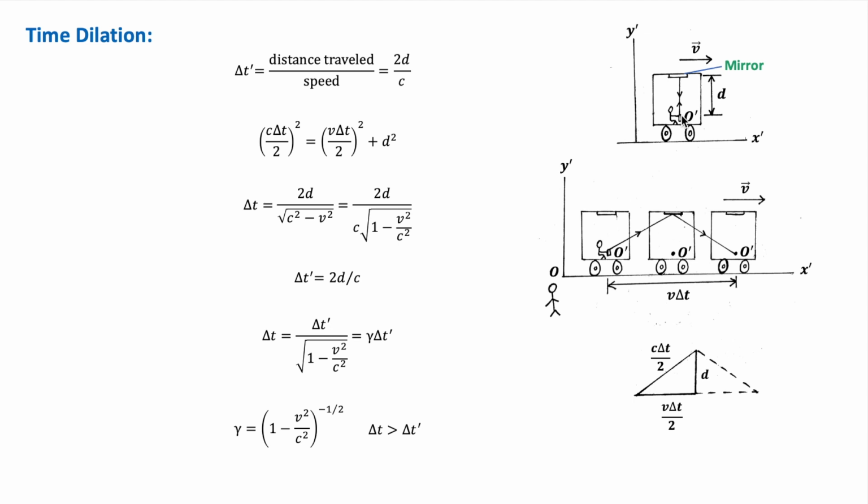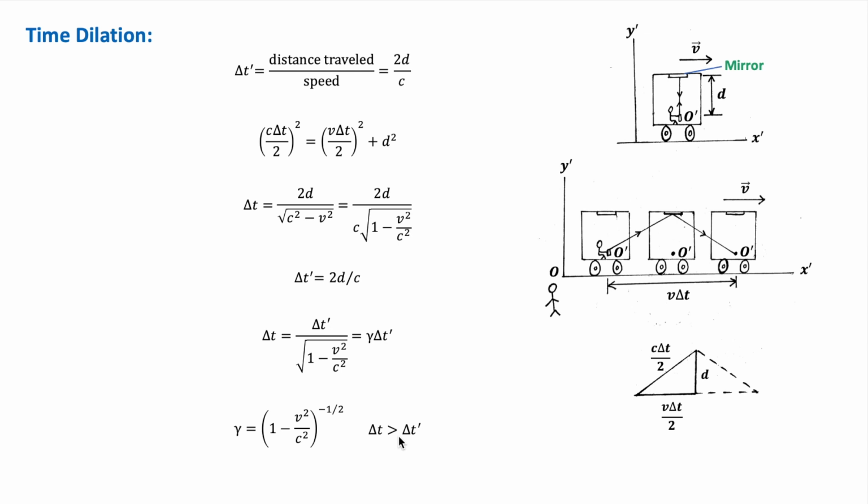This is because gamma is always greater than unity. And so delta t is greater than delta t', and this effect is known as time dilation. And delta t' is known as the proper time.